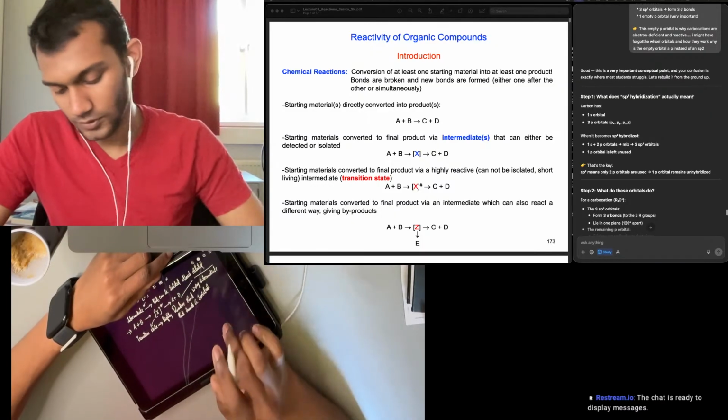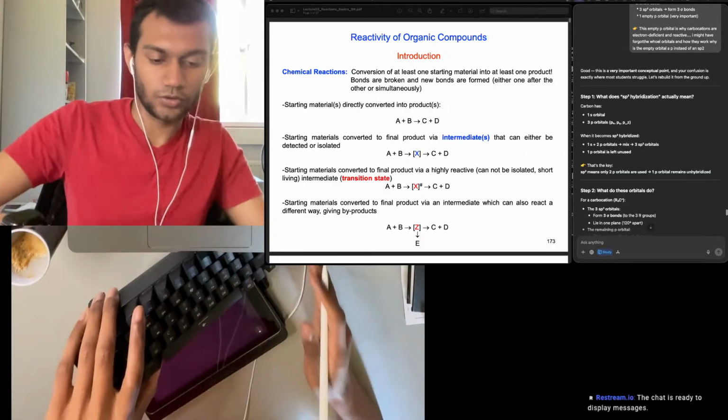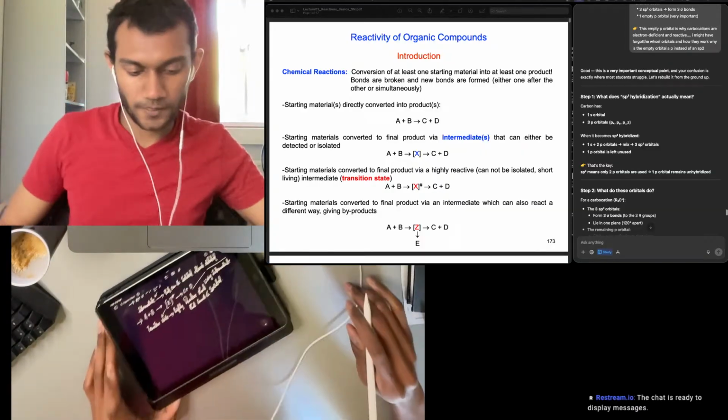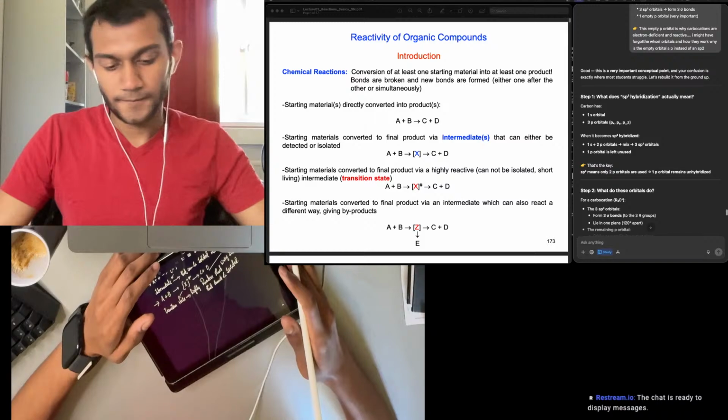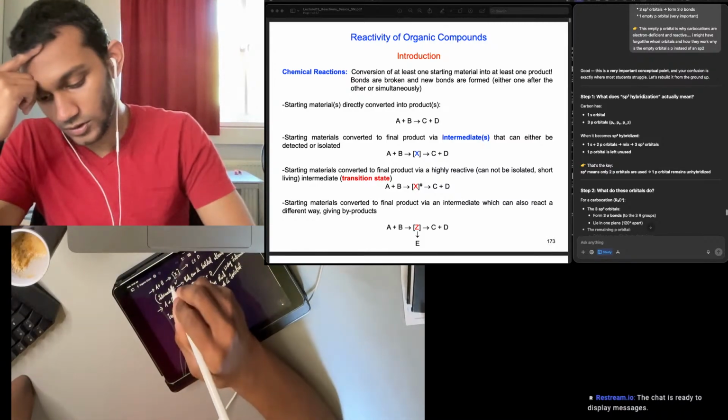I feel like the keyboard is annoying at this point. Fast transition stage is an intermediate.